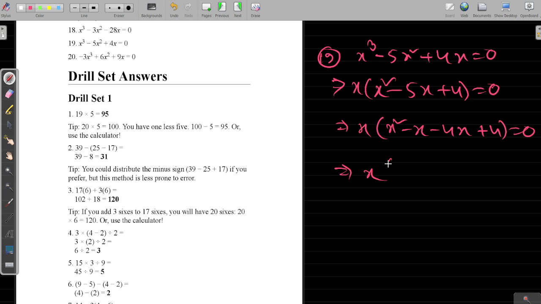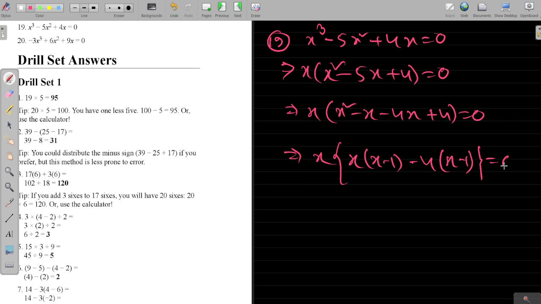Then if I take common x, the remaining portion will be x minus 1, and here minus 4, then x minus 1 equals 0. So here you will get x into x minus 1 as well as x minus 4 equals 0. You will get x equals 0, 1 and 4.